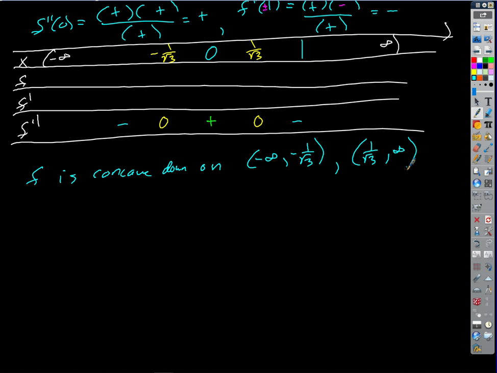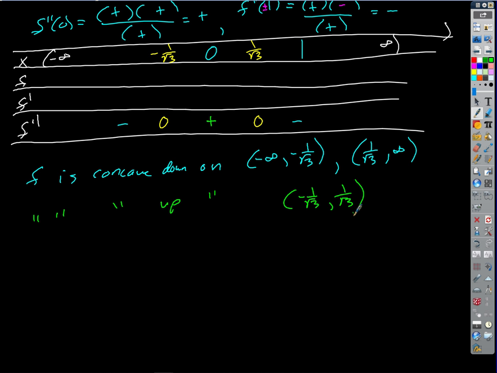Okay? And then the green plus sign between those critical numbers is telling us that F is concave up on one interval, right?